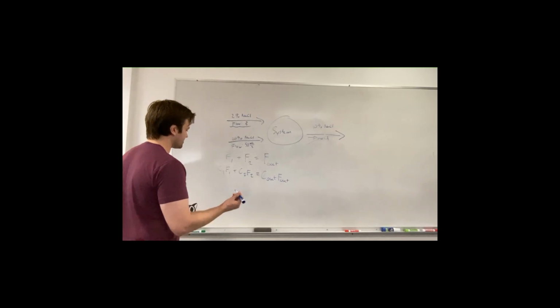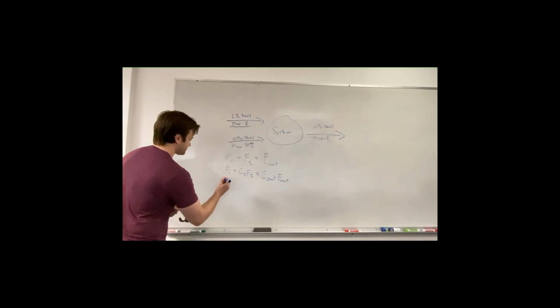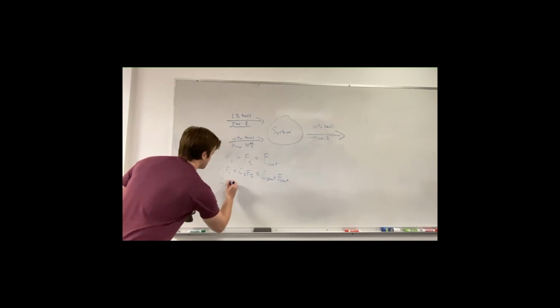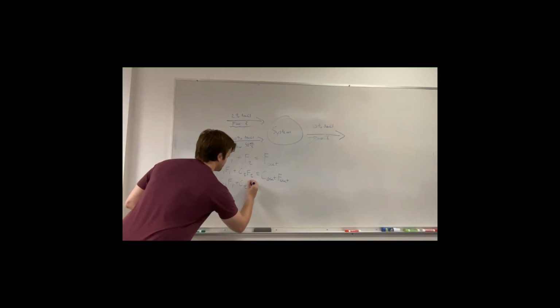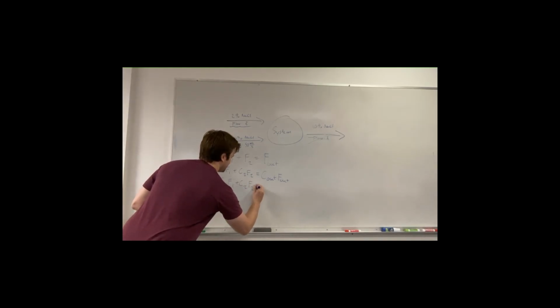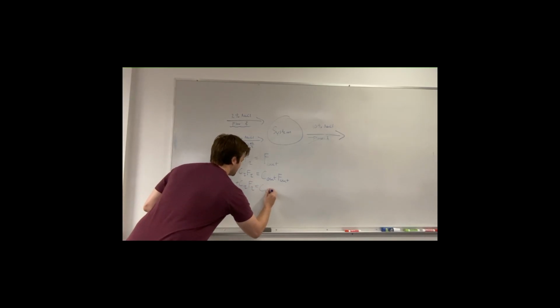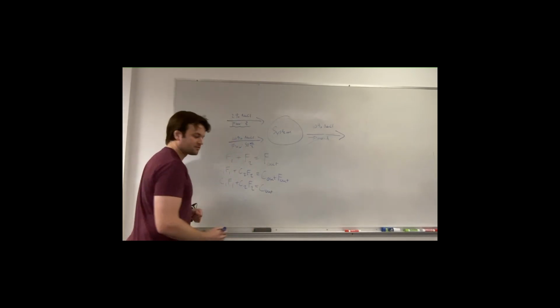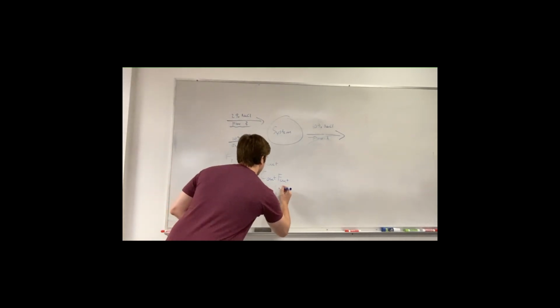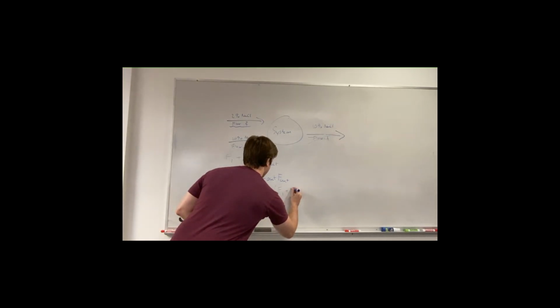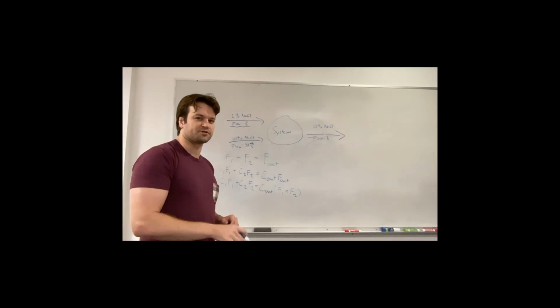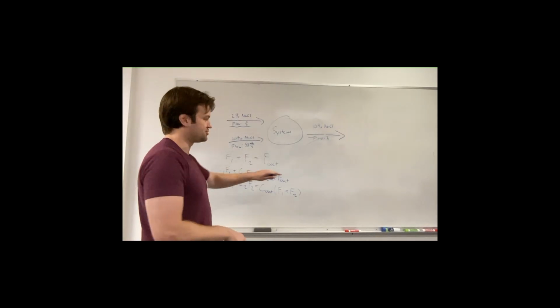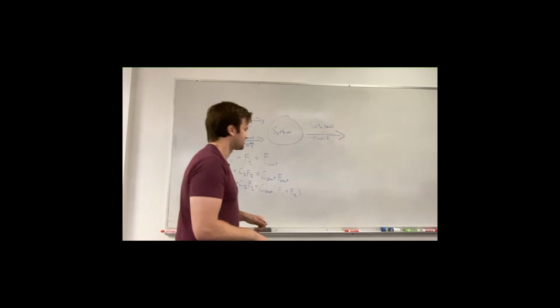So what you would get here is C1 F1 plus C2 F2 is equal to C out, and then you would substitute F1 plus F2. The rest of this is done algebraically, which you should be able to do, but I'll do it right here just for the sake of it.